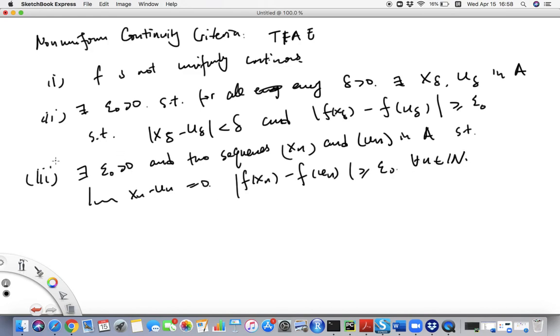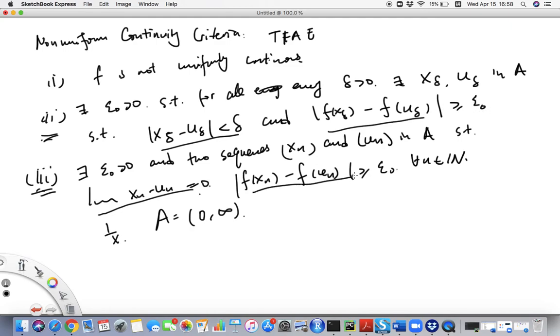Okay, so we can see how this works on the function 1 over x. We can take A to be the interval from 0 to infinity. So let's look at number 3. As you can see, number 2 and number 3 are almost the same, right? If this is less than delta, then that means they are close, so their limit is equal to 0, but their function values can be very far apart.